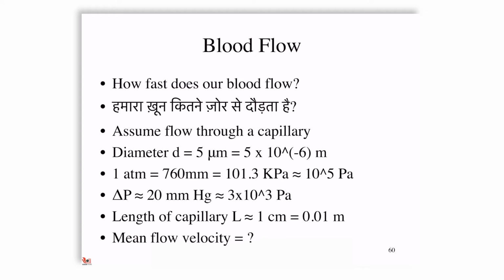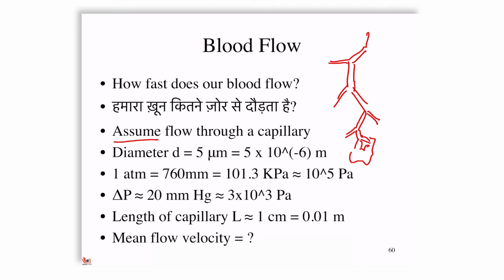So we need to make some assumptions in order to get a general value, otherwise we will not reach any answer. So we assume that the flow is through a capillary. As you recall, capillaries are the smallest vessels to which blood vessels branch, and they encounter cells and organs and tissue material to which they are delivering oxygen and nutrients or taking away carbon dioxide and waste.